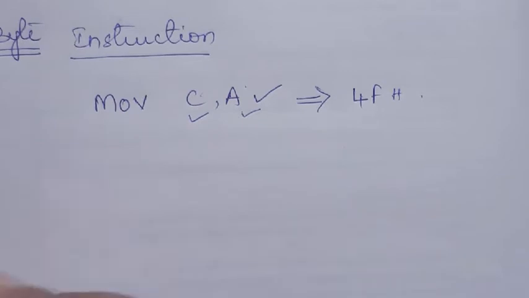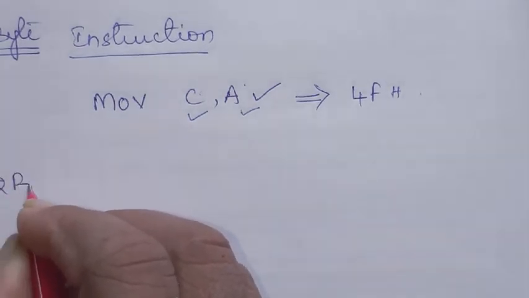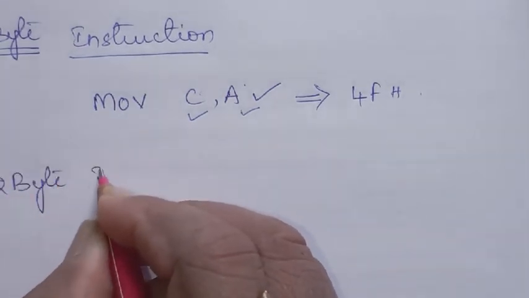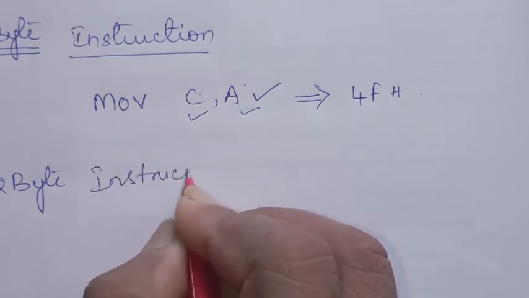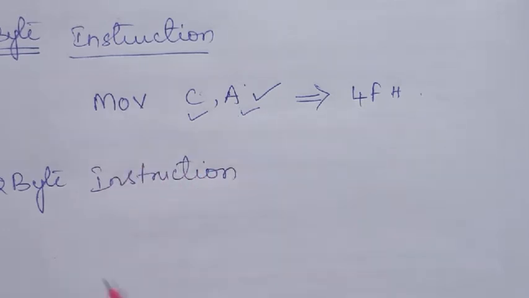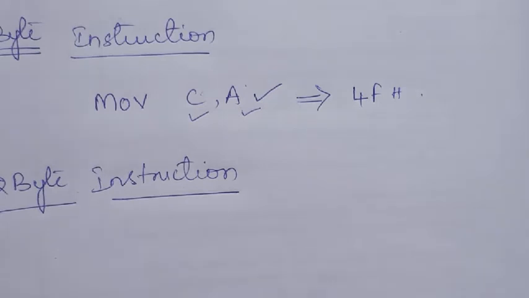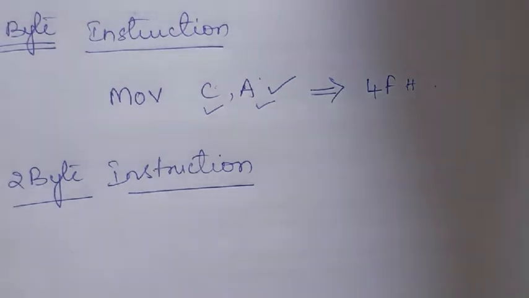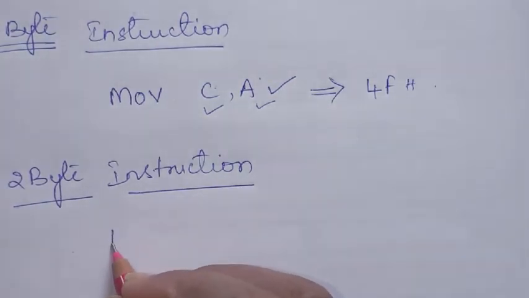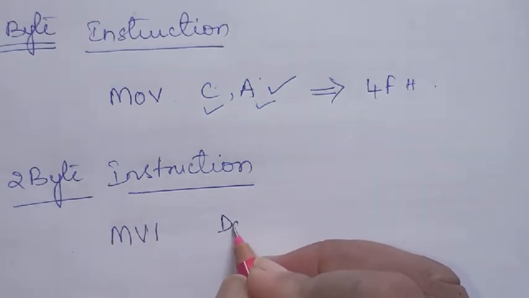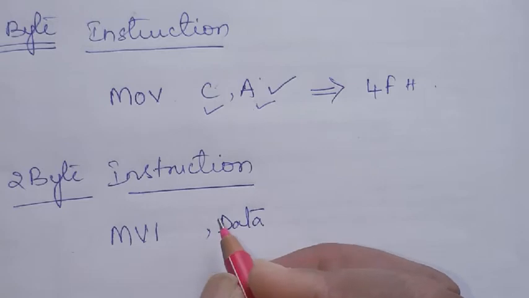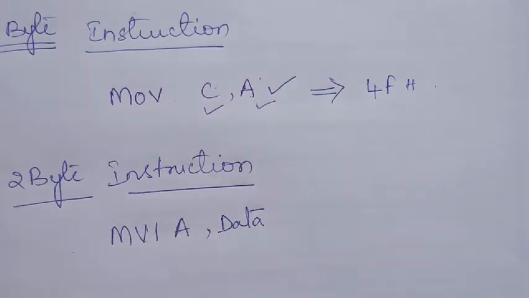That we'll see. Then let's see 2-byte instructions. Let us suppose you have an instruction, move immediate data to accumulator. This is a 2-byte instruction.